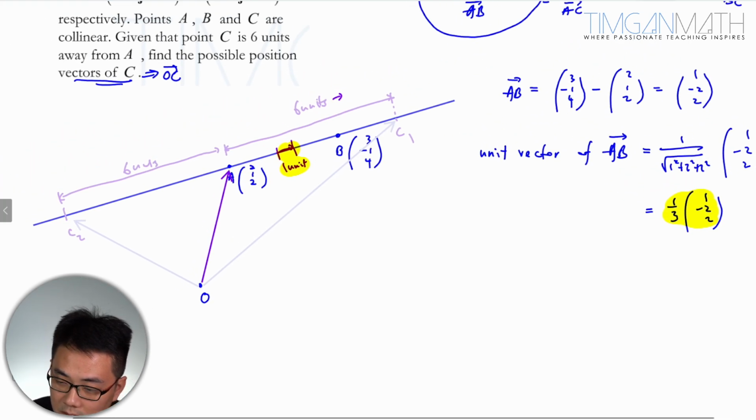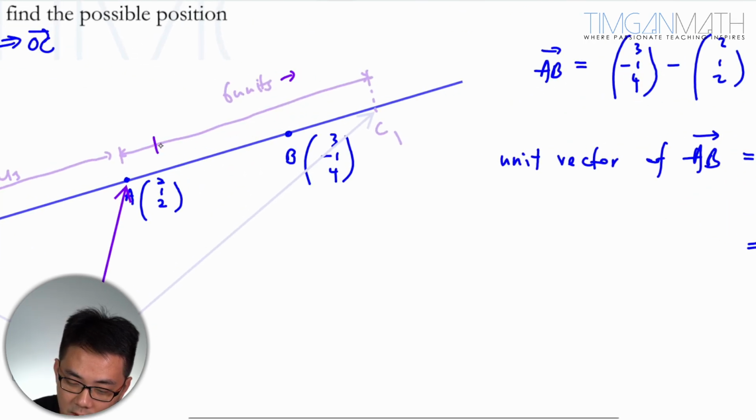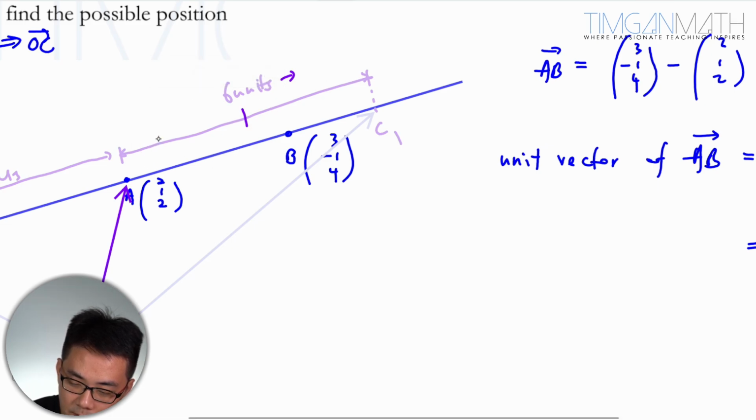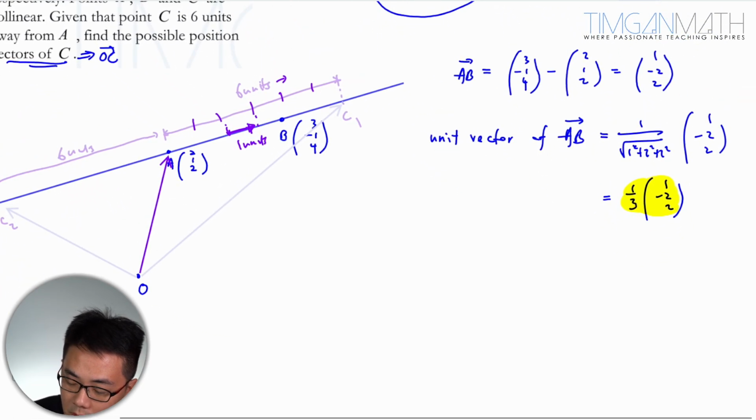Okay, let me just illustrate this by drawing a proper 1 unit, so then it's easier. 1, 2, 3. Okay, so 1 unit is like that. This is 1 unit. I need 6 units. So A to C, if 1 unit corresponds to this one, then A to C will just be 6 multiplied by 1/3.